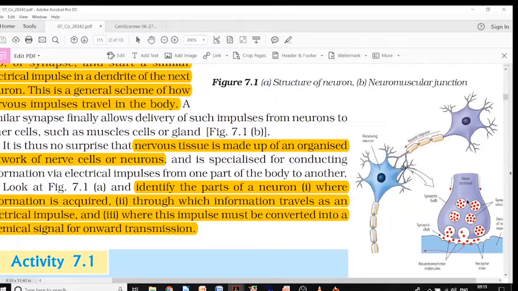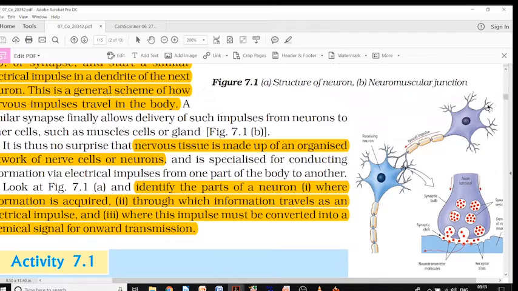and here you can see that the electrical signal was coming from this side, the impulse, and as soon as it reaches the nerve ending, some chemicals are released, and those chemicals are then transferred to the other nerve cell, and then again it is received by the receptors present in the dendrites of the other nerve cell, and similarly one more electrical impulse will be created and the cycle continues.